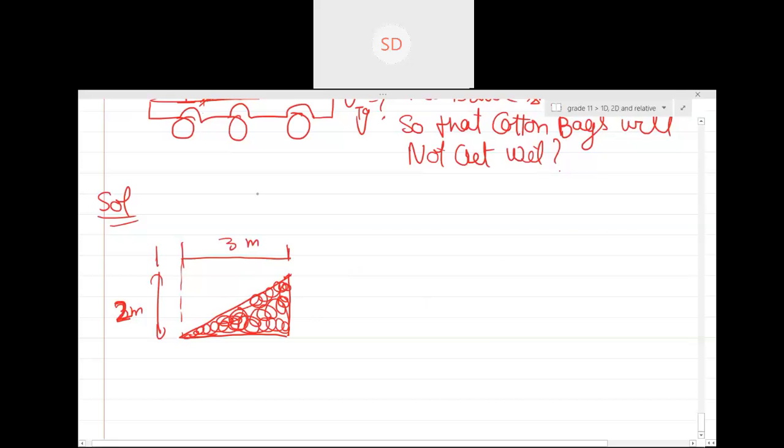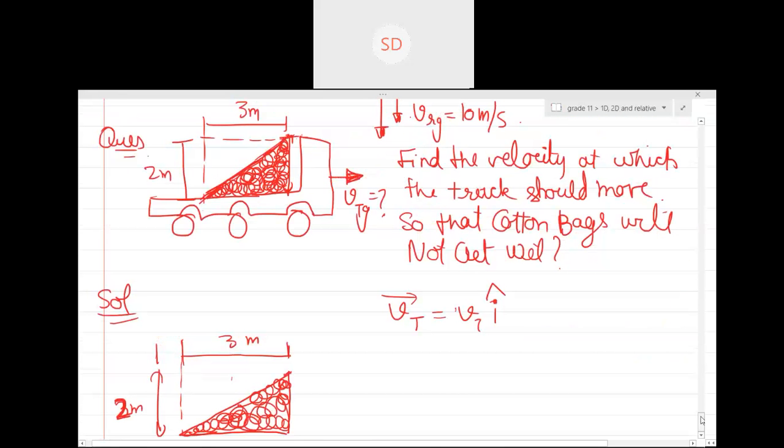Now see over here, guys. What is the velocity of the truck? Let's say the velocity of the truck is Vt, but I don't know it. It will be along i cap. The velocity of rain will be minus 10 j cap, yes or no?